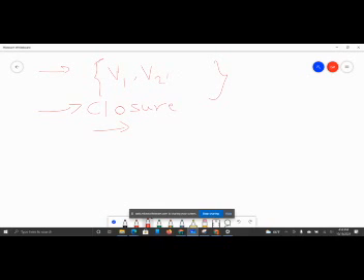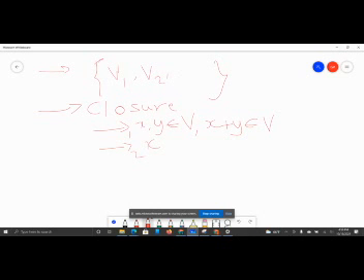Closure basically involves the two fundamental operations we mentioned previously. So if we have two vectors x and y in a particular vector space, that is, they are elements of that vector space, then by closure under addition, we can say that the vector x plus y must now also be in the vector space V. And this is called closure under addition.